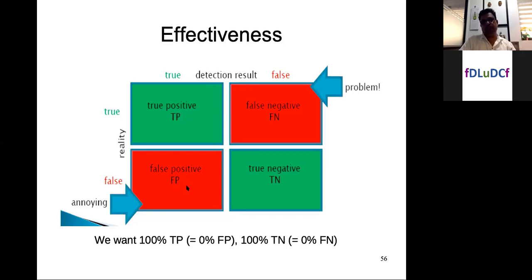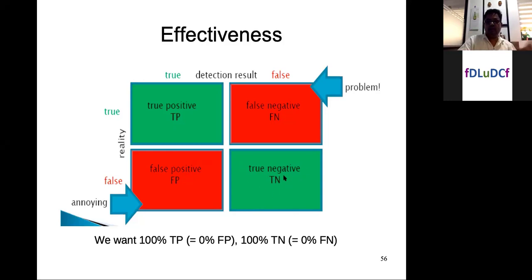So that is false positive. And this one is actually attack, no alarms. Attacks here means there are attacks, no alarms. So here means no attacks, but there are alarms.